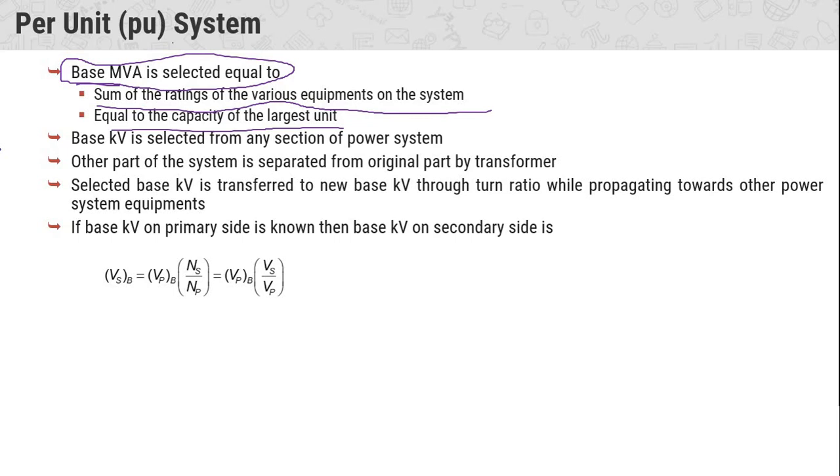Of these two conditions, we may take one of them: equal to the capacity of the largest unit, or the sum of the ratings of the various equipment on the system. Base kV is a consideration for the MVA. Now base kV is selected from any section of the power system. The other part of the system is separated from the original part by the transformer.